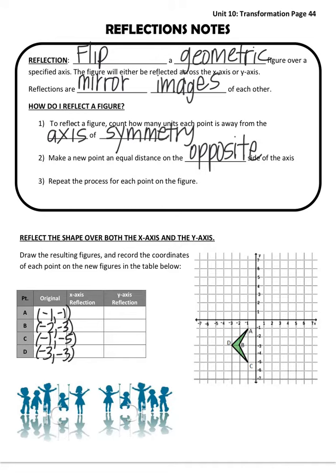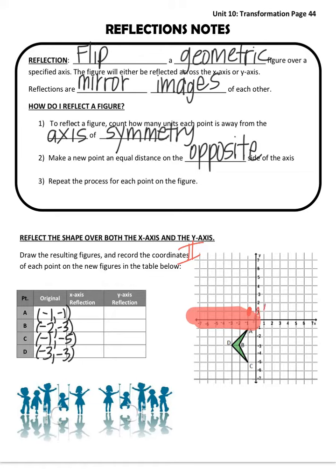So we're going to start by reflecting that across the x-axis. So here's the x-axis. That means that that shape is going to be in quadrant 2. Alright, so A prime is going to be 1 unit away from the axis of symmetry, because the original A was 1 unit down.